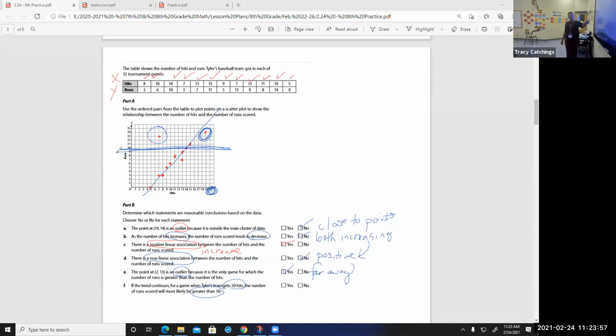Look at what we had at 19. I had about 14. So would you say 20 will give me about the same amount of score? Yes. And that trend line will pretty much show us if we keep going, 20 is gonna be up there.